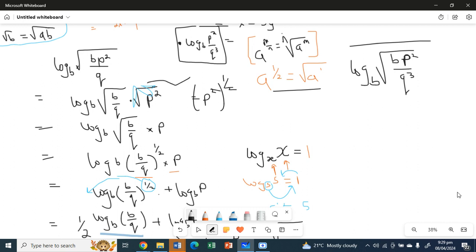So log b square root of b p squared over q cubed.